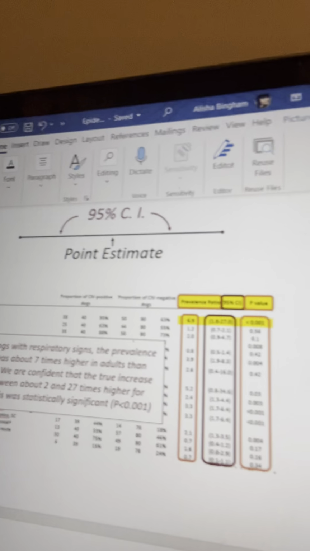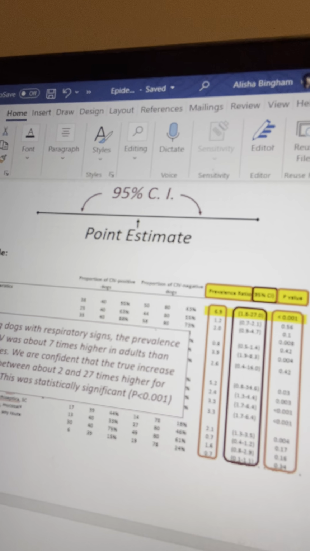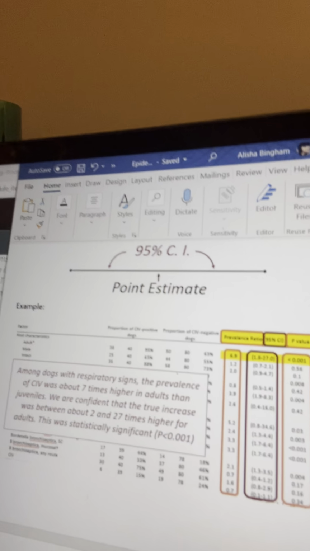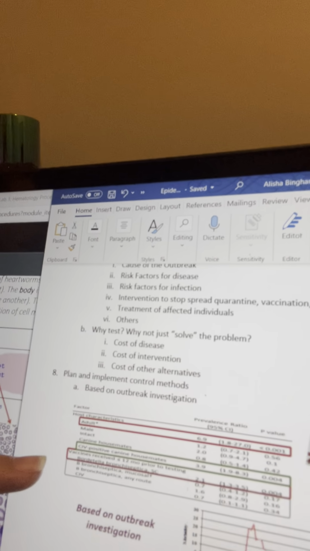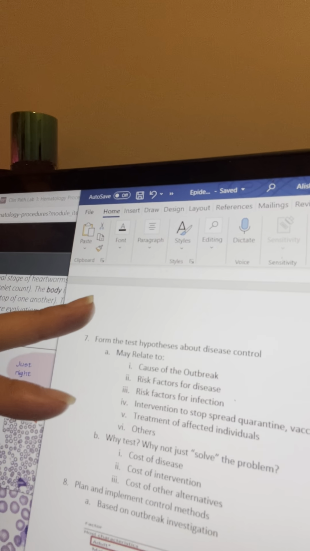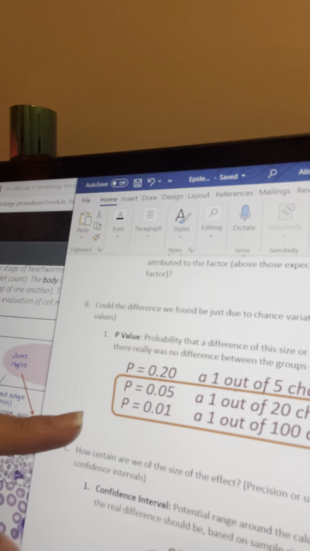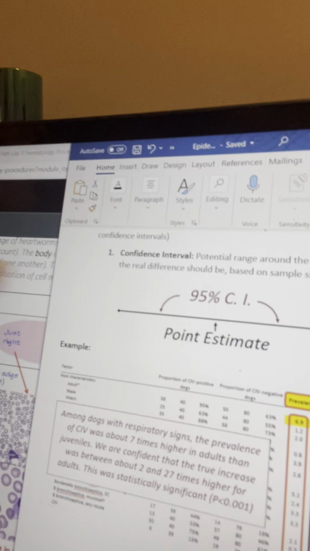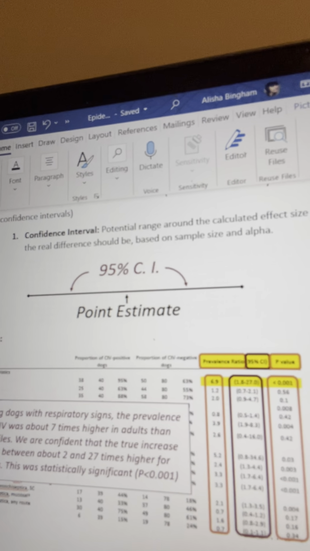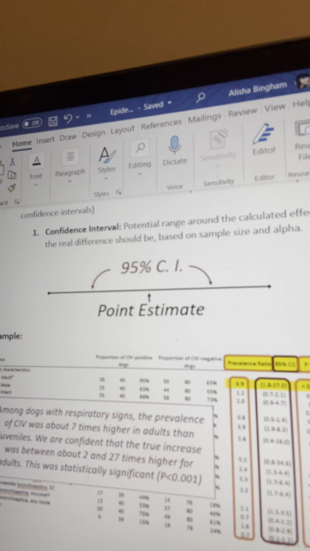So here she brought in an example. I don't know if you can see it that well. But anyways, we have the prevalence ratio here. Oh yeah, so it has the CI value, which is the confidence interval, and then it also has the P value.